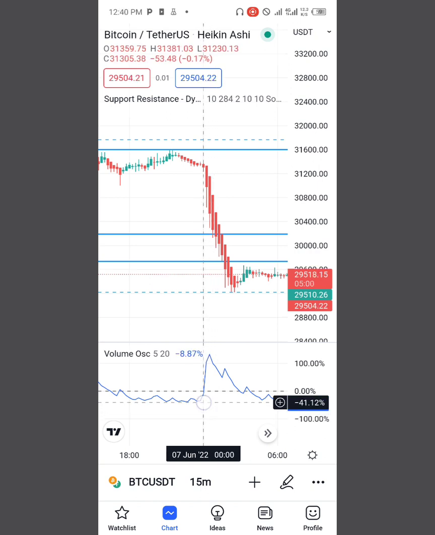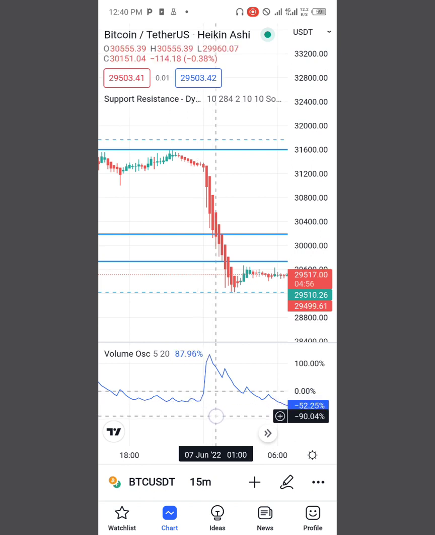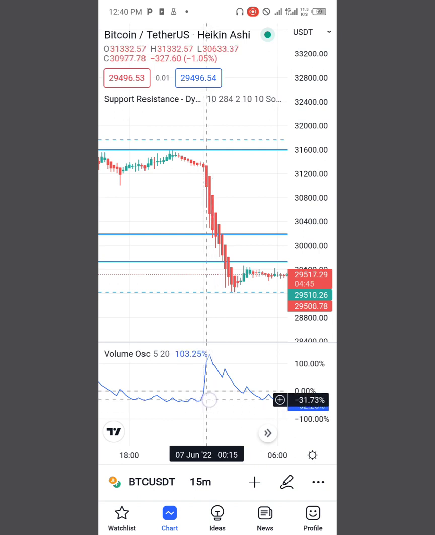This goes the same way when the volume is high and the price of the asset is going up. Then you know that the trend in that direction is a strong trend. Right here we have a downtrend, and the downtrend is very strong. So if you are taking a short position while the volume oscillator is going up, I'm so excited to release this information to you because it's going to make you some good cash without wasting so much time on technical analysis.